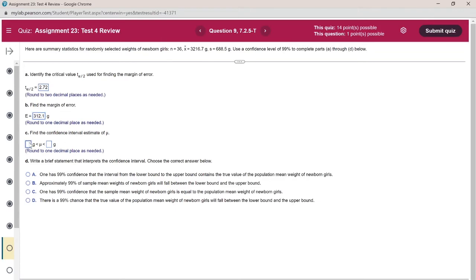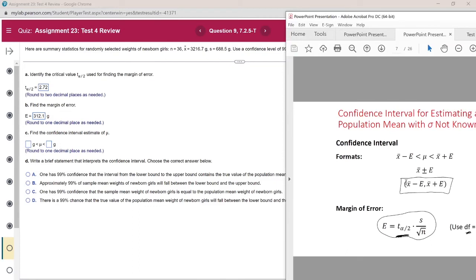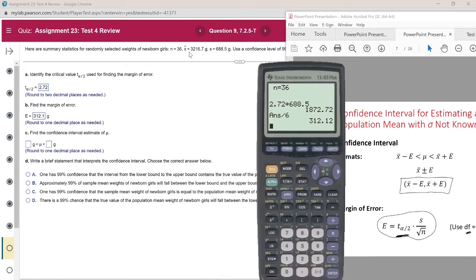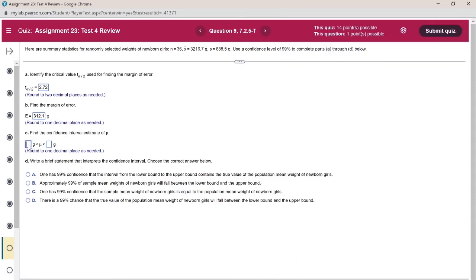And now using this margin of error, we can find the confidence interval. As you know, the confidence interval means the mean minus the margin of error for the lower limit. The mean in this problem is given as 3216.7, minus the margin of error, 312.12. So the lower limit is 2904.6, rounded to one decimal place.